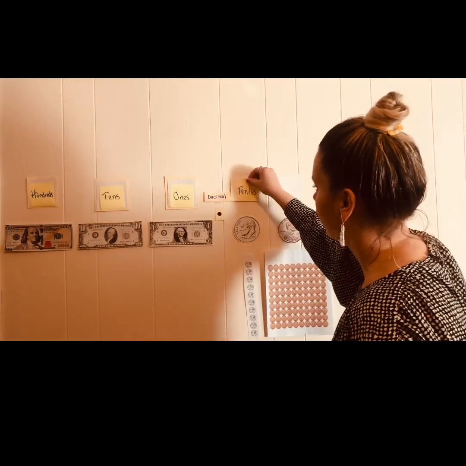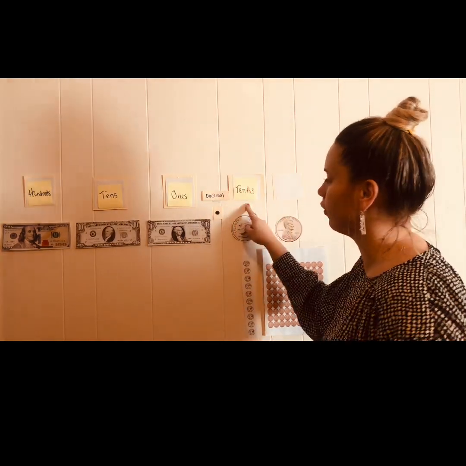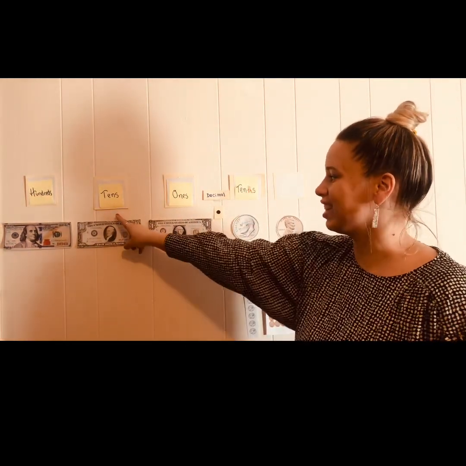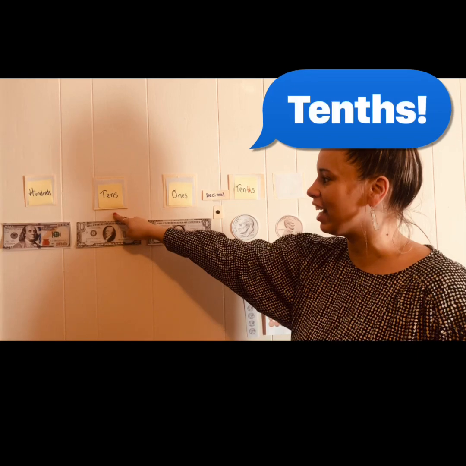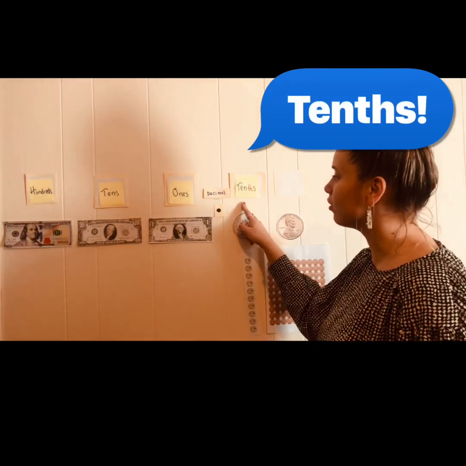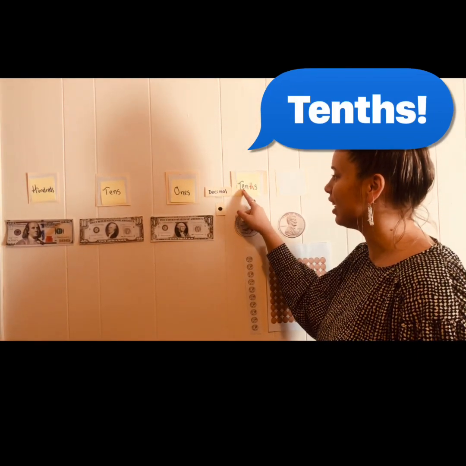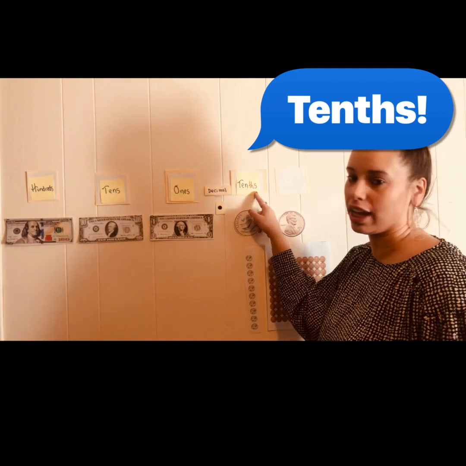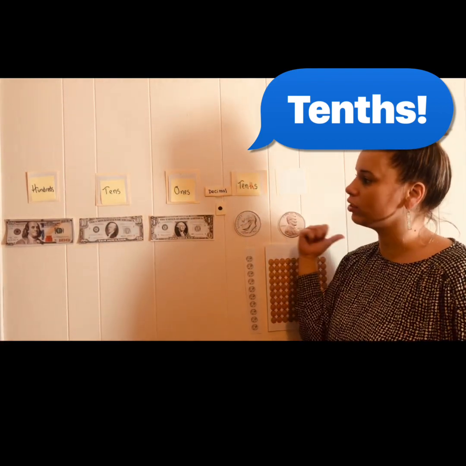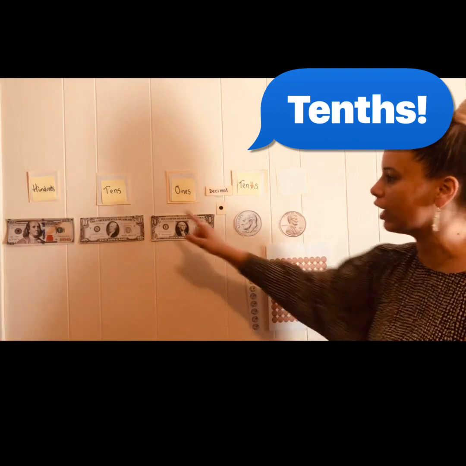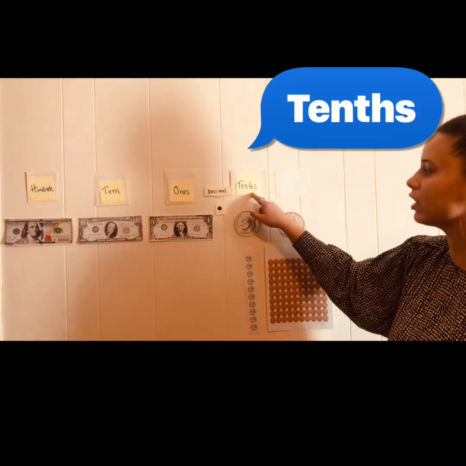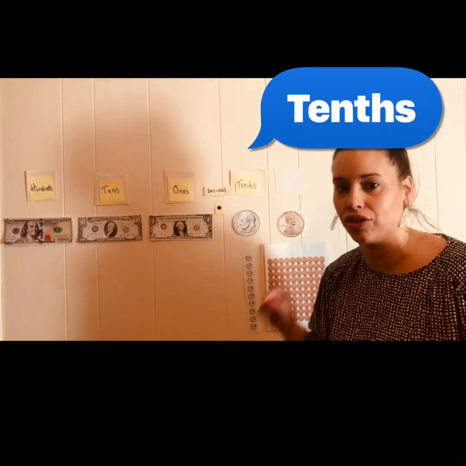Okay, I want you to notice the different spelling. This is tens, T-E-N-S. Now this one is tenths, T-E-N-T-H-S. These place values to the right will go in the same order as we have here. However, you must add the TH, tenths.